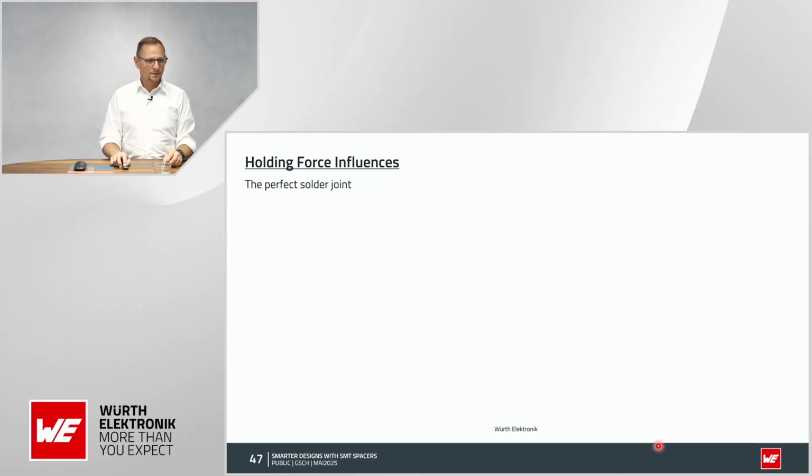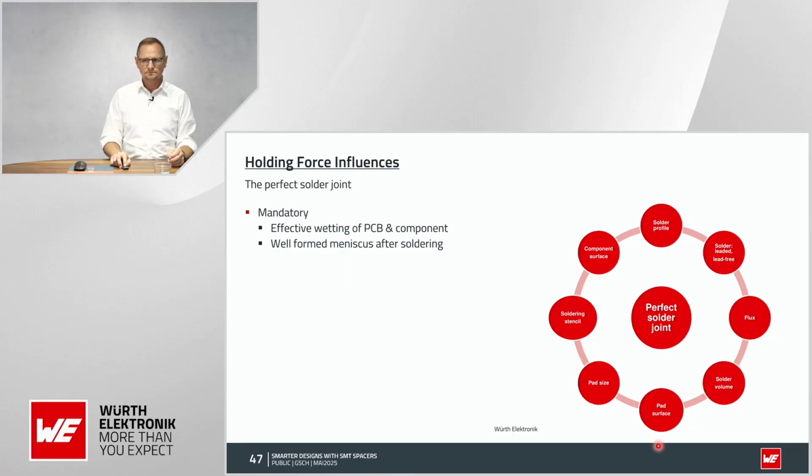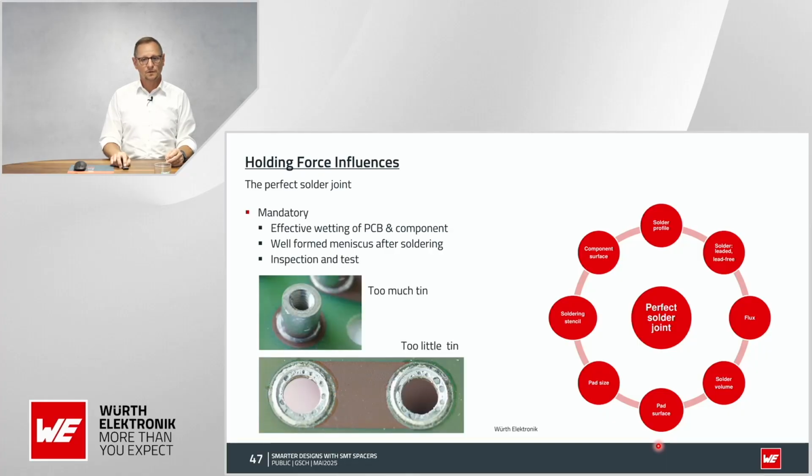So how can we take influence on the perfect solder joint? Here's a little diagram of what all has to be taken into account. Here are some bad pictures about too much tin or too little, where we have voids in the solder paste.